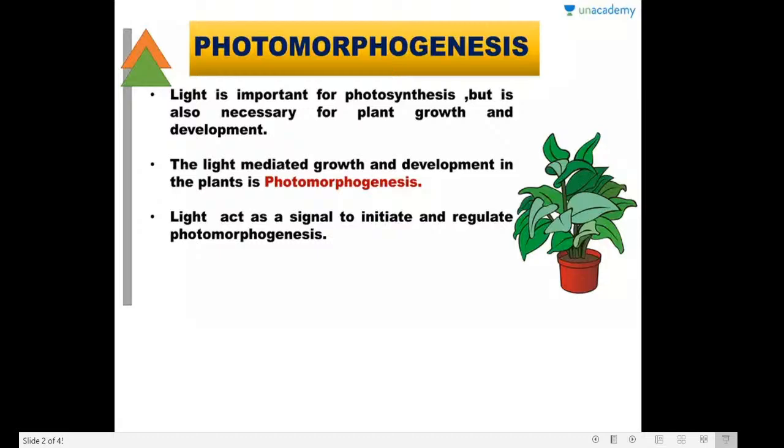Photomorphogenesis. This means plants acting or moving their leaves, and plant movements depend on their light uptake. Light is important for photosynthesis, but also light is important for plant growth. Light-mediated growth and development gives shape, the morphology, to the plant.